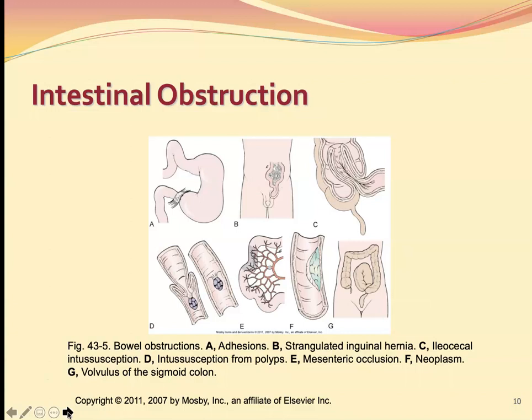Here are some of the different types of bowel obstructions. It could be from adhesion, strangulated inguinal hernia, ileocecal intussusception, which is that, and then intussusception from polyps, which is that, mesenteric occlusion, neoplasm, volvulus of the sigmoid colon, which is appearing right there.